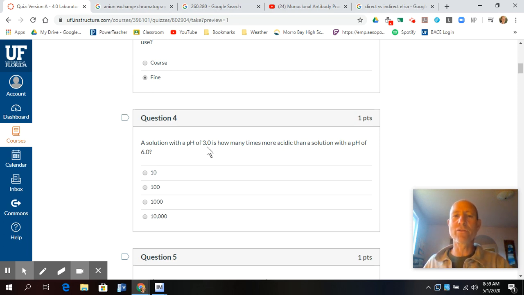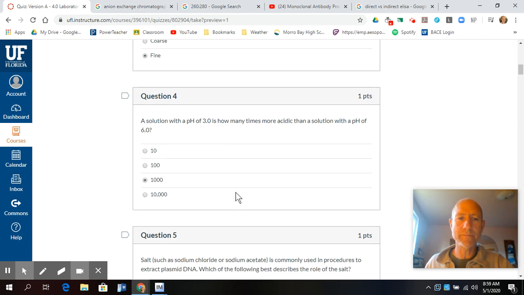So 3, here, let's do it on the screen here. 3 to 4 would be 10 times, through to 5 would be 100 times, to 6 would be 1,000 times. So a solution with a pH of 3 is 1,000 times, 3 orders of magnitude, 1,000 times more acidic.